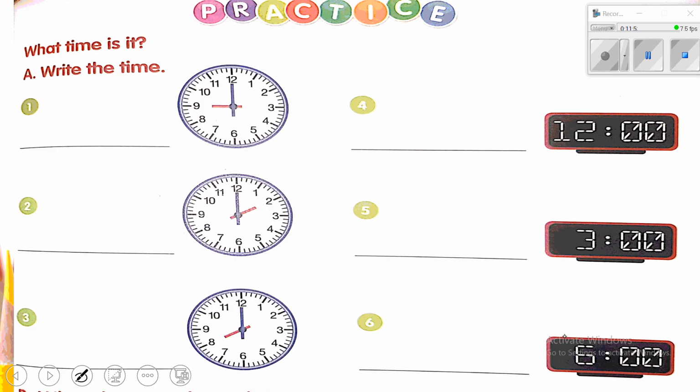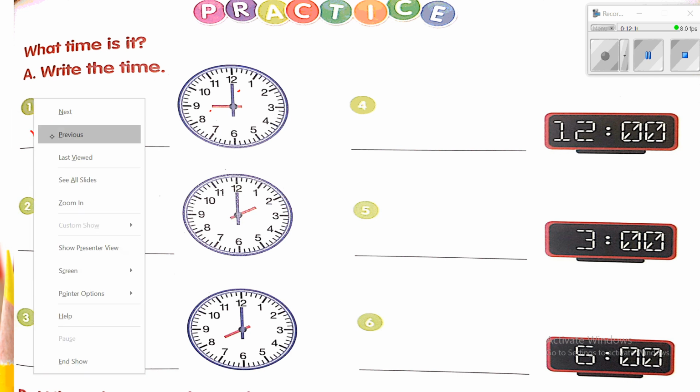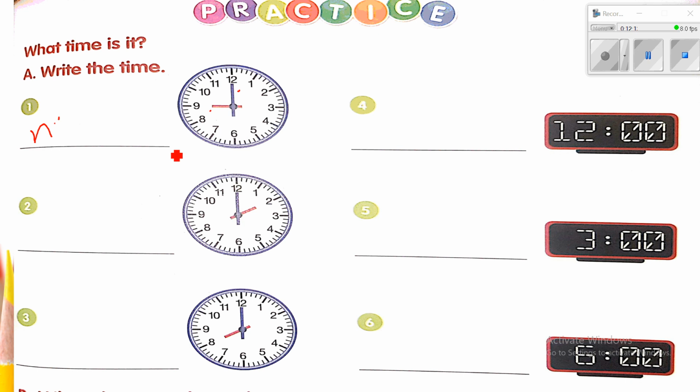What time is it? Write the time. Here is, it's on 9, the hour hand, and the minute is on 12. So, what the answer? Nice. I will write, sorry. Let's make it again. 9 o'clock.